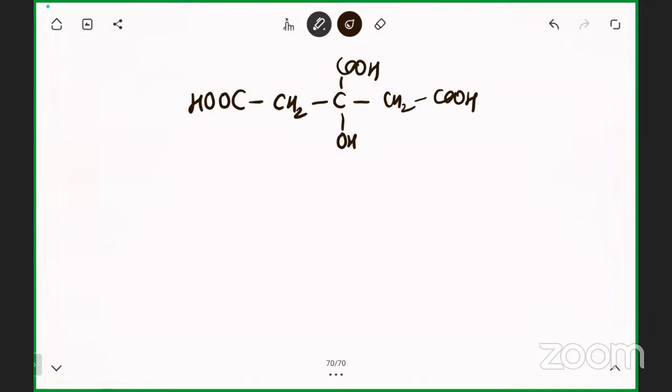In the earlier system, we were writing oic acid instead of carboxylic acid. But now it's been changed. We have to write carboxylic acid. Okay, sir. Anyone name?